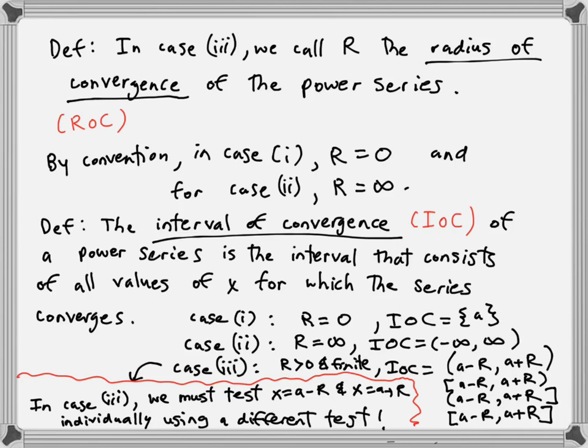So I know we just talked about a lot of stuff. I want to do several examples now where we actually find the radius of convergence and interval of convergence of the following power series.